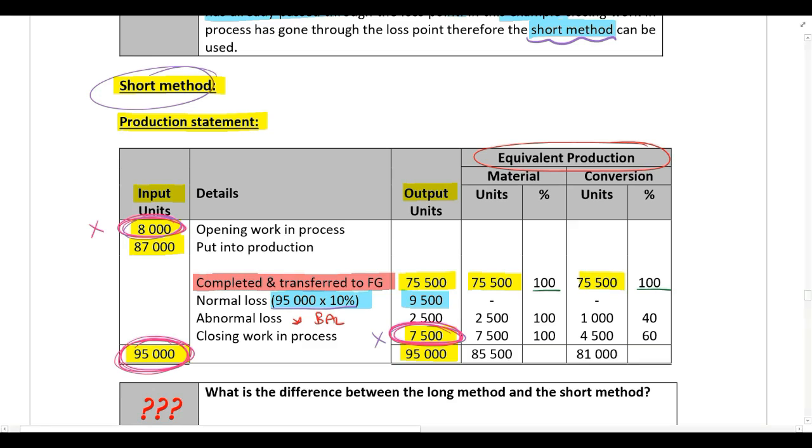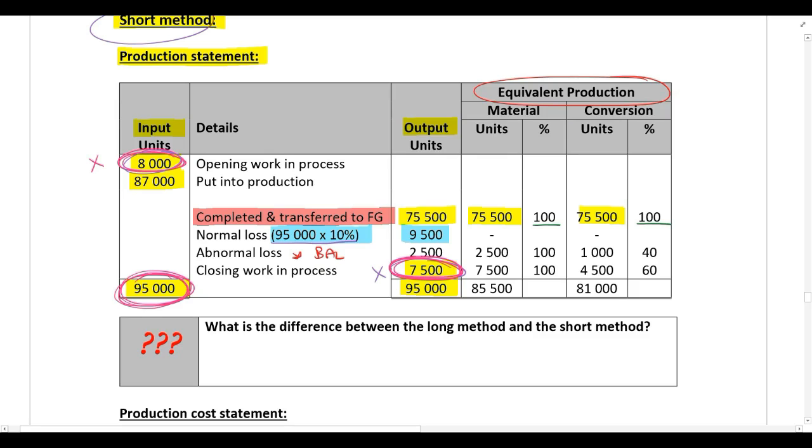Now, we are using the short method. So, with the long method, what we needed to do is we needed to work out the number of units that sit in each column over here. However, with the short method, guys, and there's no logic behind it, but with the short method, we ignore those units over there. So you can see below, what is the difference between the long method and the short method?